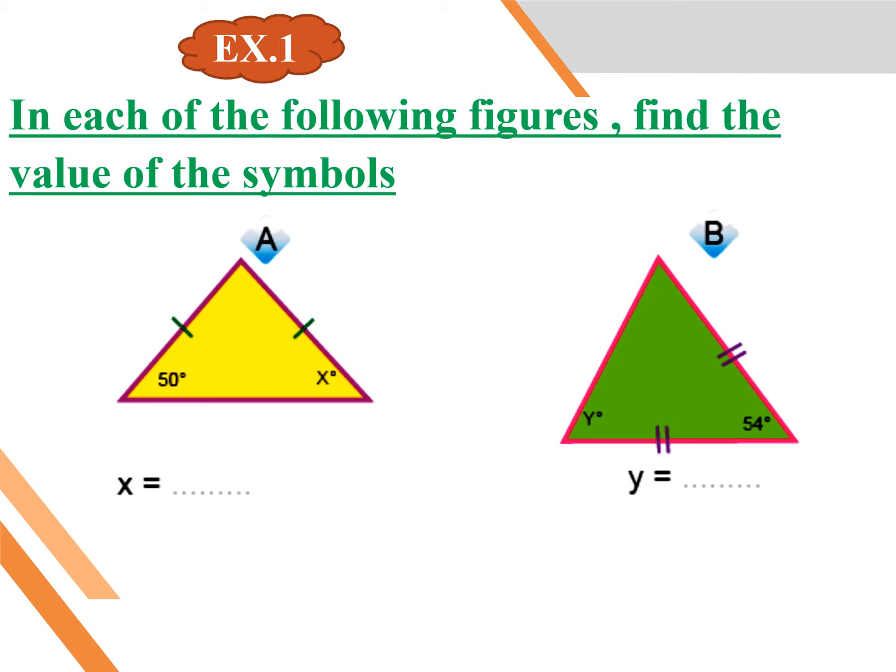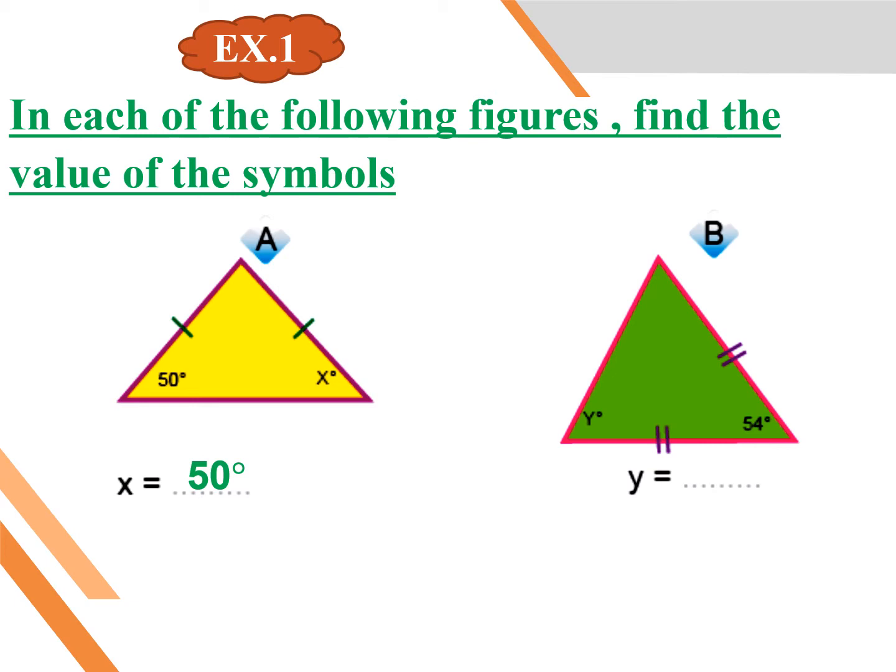Exercise number 1. In each of the following figures, find the value of the symbols. How do we find the value of x? Here I have two sides equal, so the base angles are equal in measure. So x equals 50 degrees. Number B, also I have two sides equal.